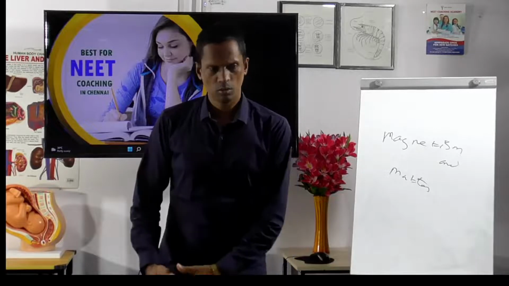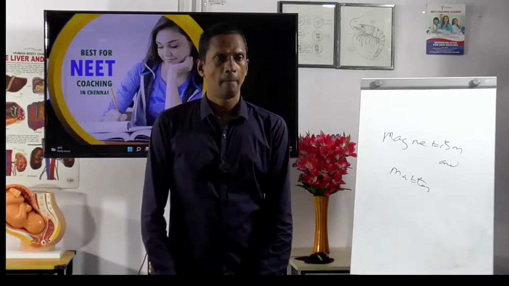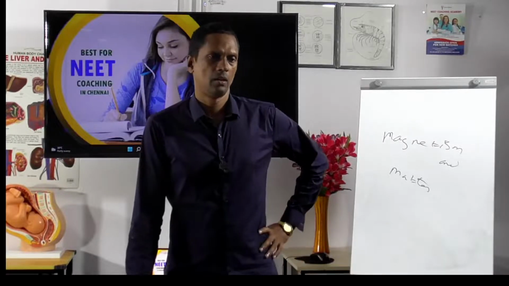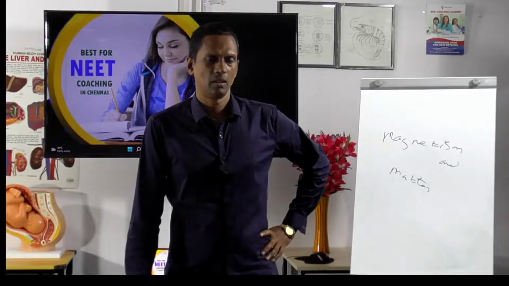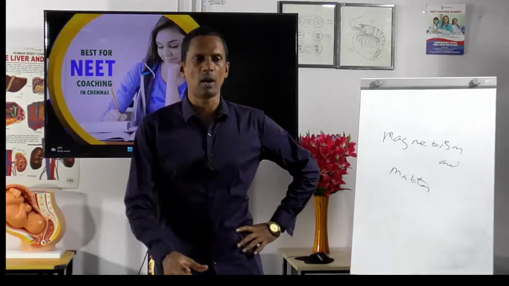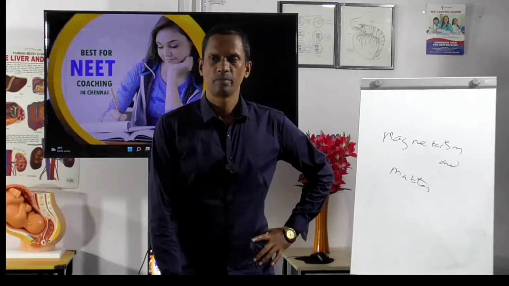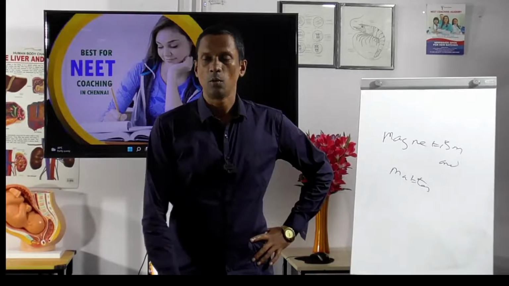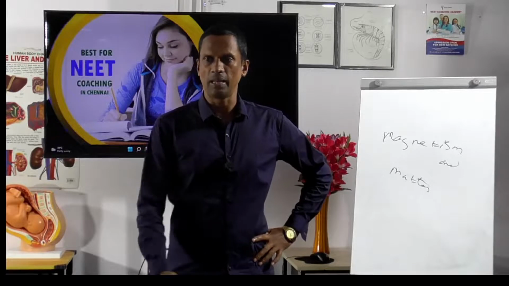Sir, in BH, what is B and what is H? B is the magnetic field, and H is the strength or intensity. The magnetic field is the strength that we are applying.